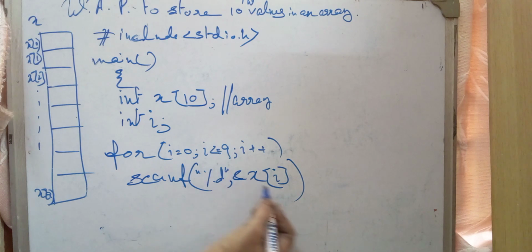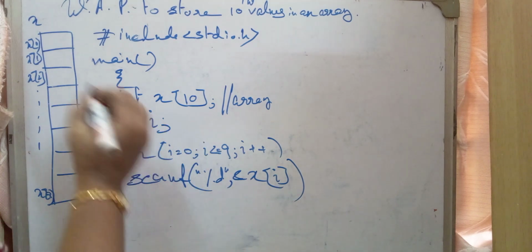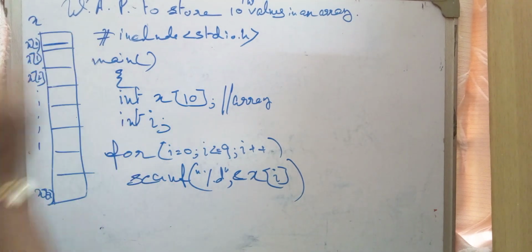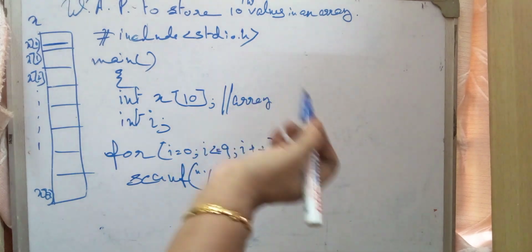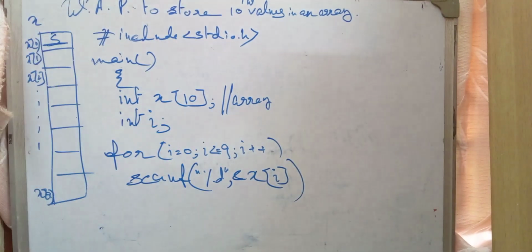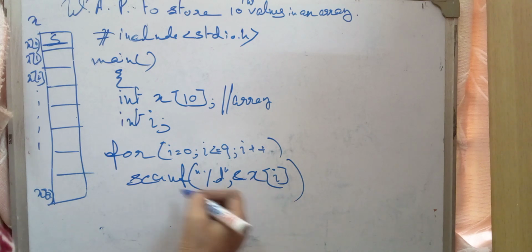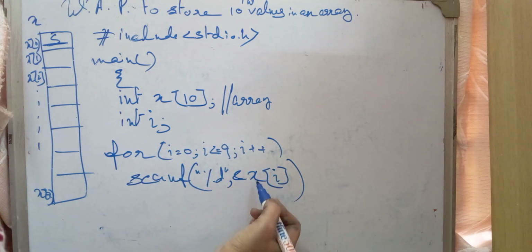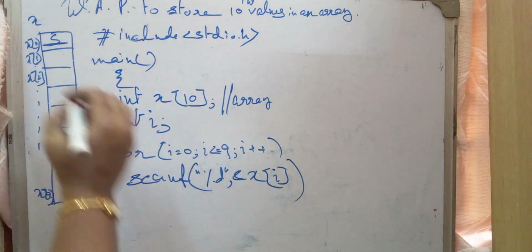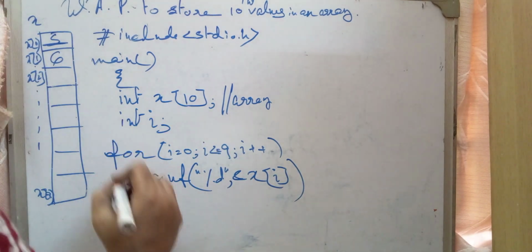Whenever i equal to 0, x i will be x0. That means this area, and I will give a value, suppose 5, and 5 will be stored here. And the next i equal to i plus 1, x i will be x1. What value I give, it will be stored here in this way.